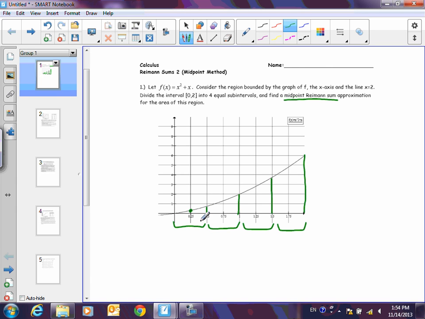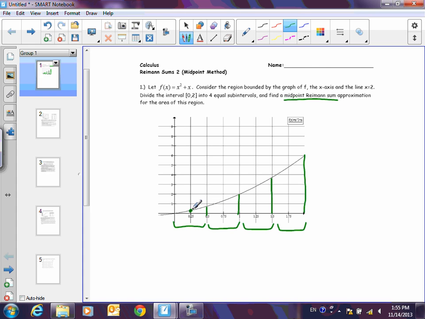All of you are saying no. Why not? Well, if this was a line, it would be, because a line has a constant rate of change. Anytime you get into a curve and you have concavity, it's not going to be. So I'm going to prove to you why it's not.